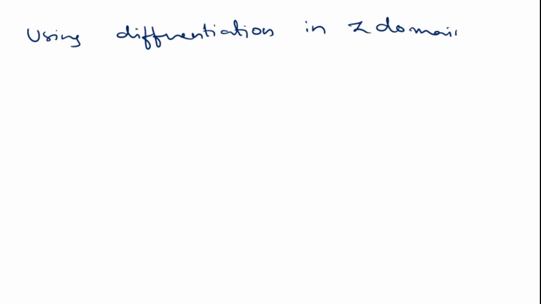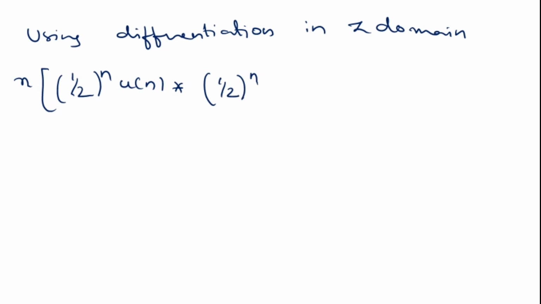And using differentiation in z domain, we get n into half to the power n into u of n convolution with half to the power n into u of n.